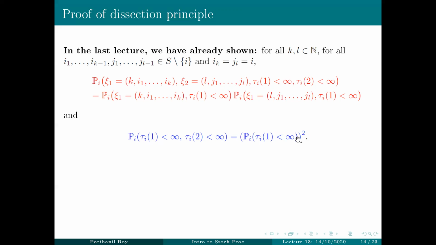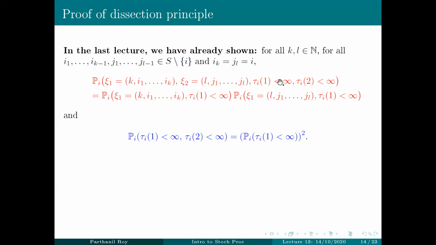starting from i. Now in all of these statements, this kind of events are redundant, because in the first one, for example, the first return time is equal to k because of the choice of the states, and the second return time is exactly equal to l.